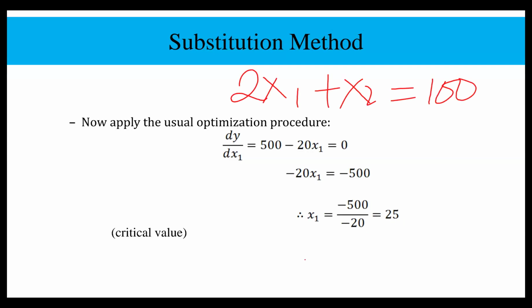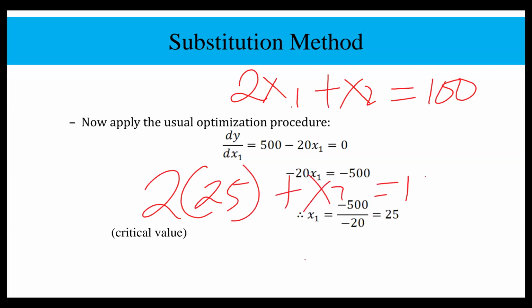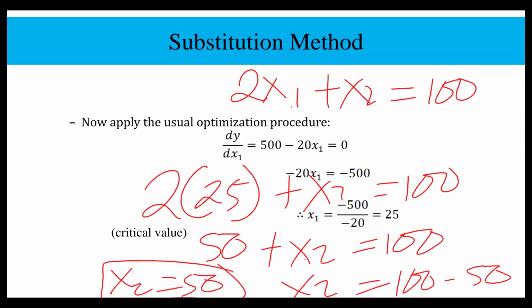You can substitute x1 into this function: 2 times 25 plus x2 equal to 100, so that gives 50 plus x2 equal to 100. So you've found the critical values, using the first derivative, of x1 and x2.